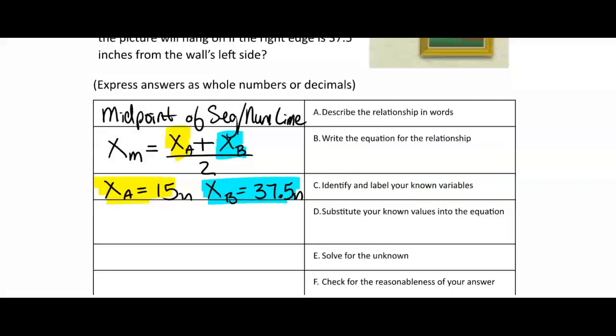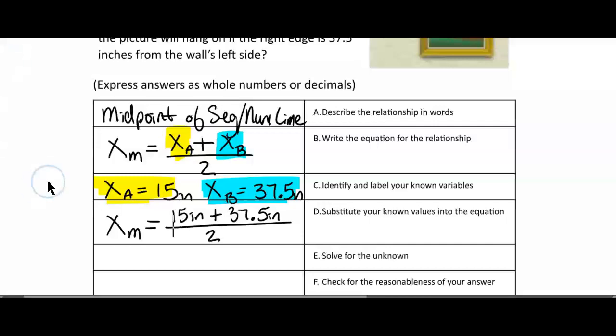All right, and then I'm going to substitute the things I know into my equation. I don't know x sub m, my midpoint. That's what I'm trying to find. x sub A is 15 inches plus x sub B is 37.5 inches. I'm going to divide both of these by 2.